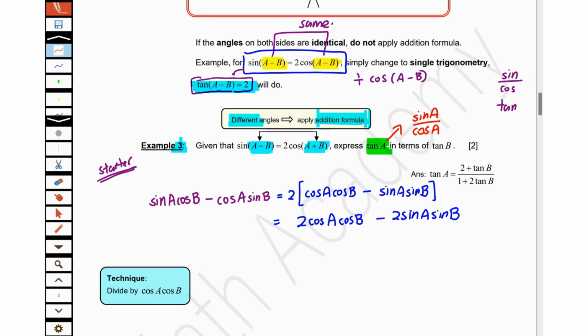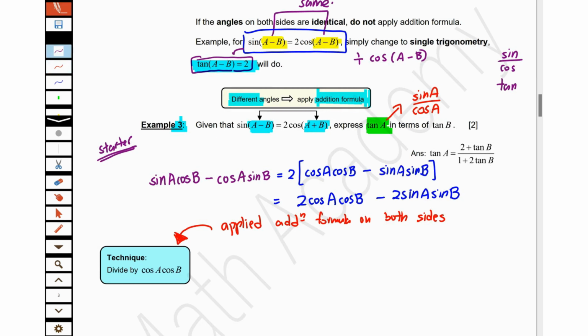The moment you have applied the addition formula on both sides, the technique is always to divide by cosine A cosine B, which I'm going to do now. Maybe let me carry your left hand side forward so it's easier for you to see.